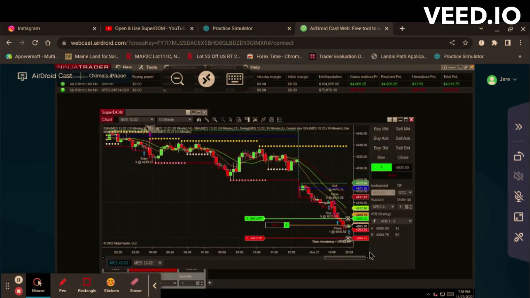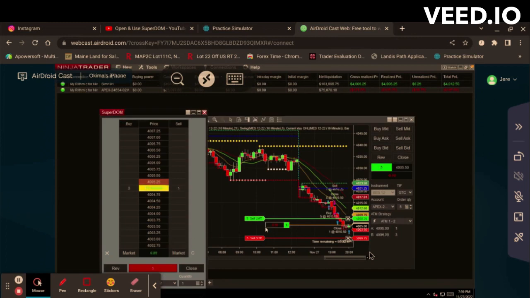So instead of just looking at the indicators, the DOM is one of the tools to get a real time feel on what's happening in the market right now. Let y'all look at that for a minute.